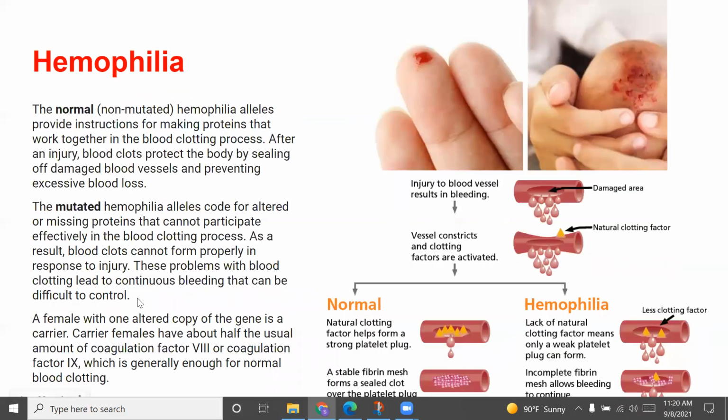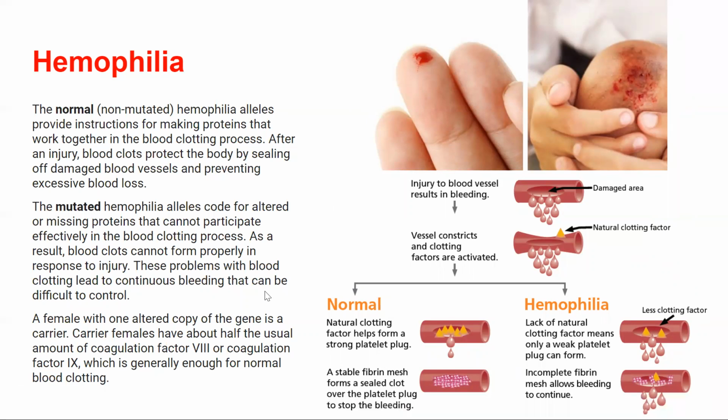So, the normal hemophilia alleles make proteins that work together in the blood clotting process. Mutated hemophilia alleles code for altered or missing proteins that cannot participate effectively in the blood clotting process. As a result, blood clots cannot form properly in response to injury.